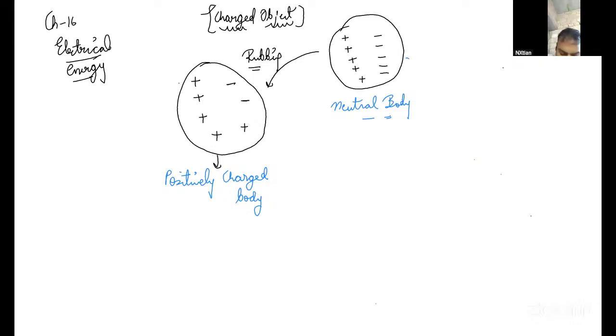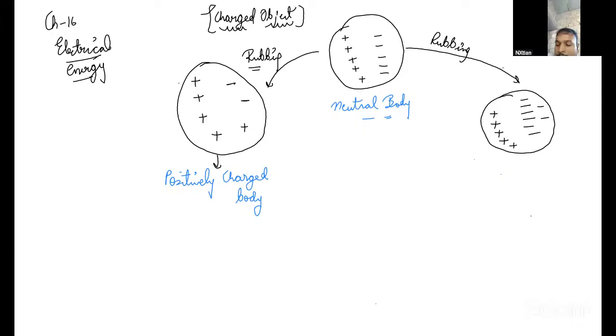Another option is that because of rubbing, more electrons come from my body. Like 5 electrons were already there, and more electrons came from my body.